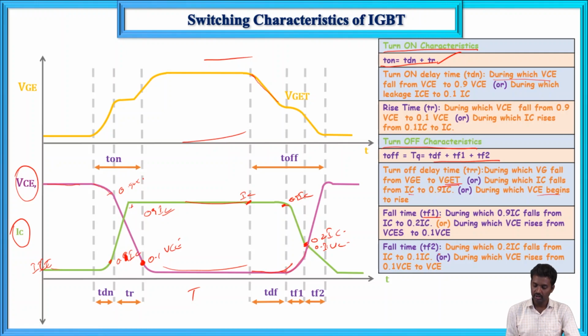Fall time 2 is the second fall time, from 0.2 IC to 0.1 IC, and VCE reaches its final value. Fall time 2 plus fall time 1 plus turn off delay time is known as the turn off time, represented by TQ. The circuit turn off time is always greater than the turn off time of the IGBT.